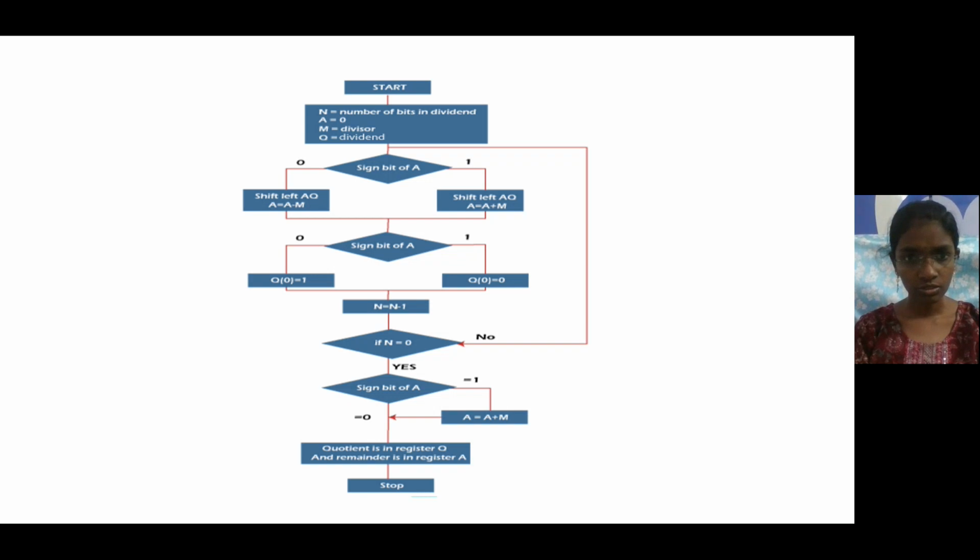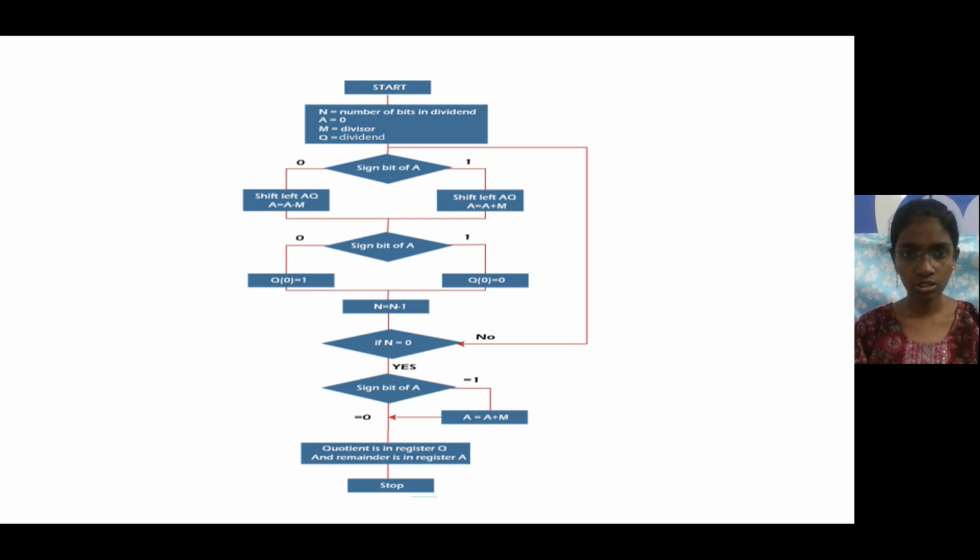If it is 1, you need to shift left A and Q. That means A plus M operation you need to perform. After completing both operations, you need to check the sign bit of A. If the sign bit is 0, you need to do Q of 0 equal to 1.